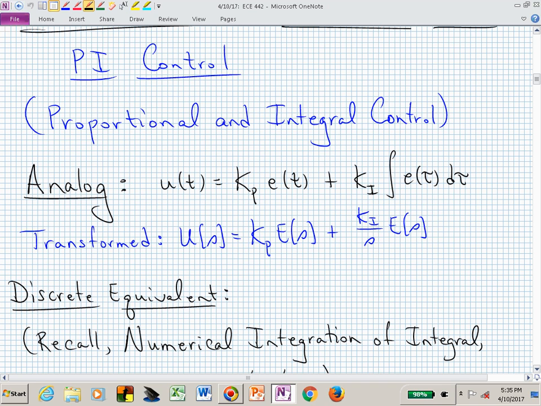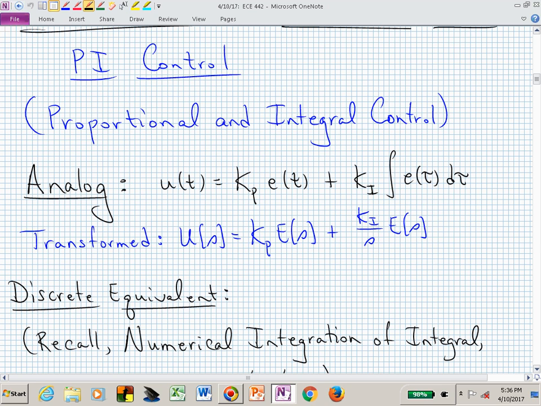We could put that into the frequency domain by Laplace transforming, and now the Laplace transform of an integral is just 1 over s, so that the transformed equation between the error signal and the input to the plant is now given in blue. U is K sub P E plus K sub I over s times E. That's now the structure of a PI controller.